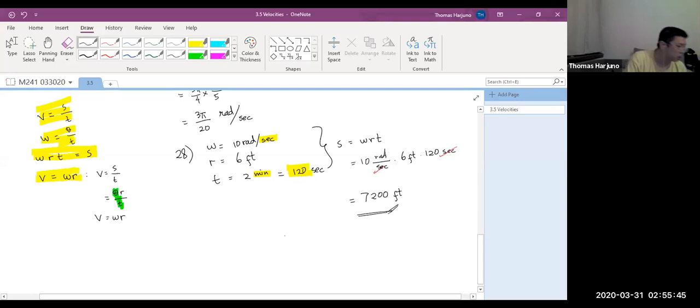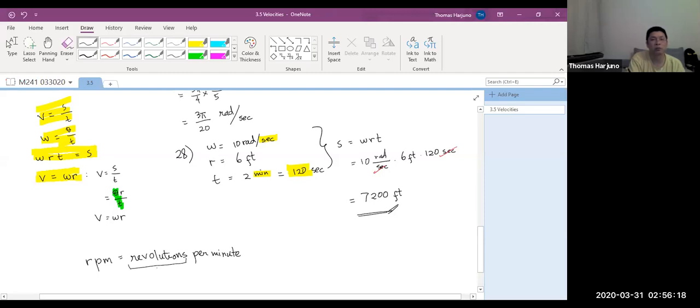Okay, now let's go on further to, oh, you know what? What about RPM? What does RPM stand for? RPM stands for revolutions per minute. Now, one revolution means 1 circle.